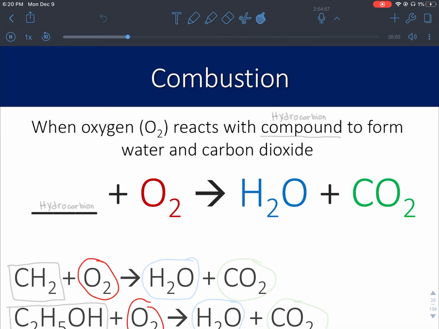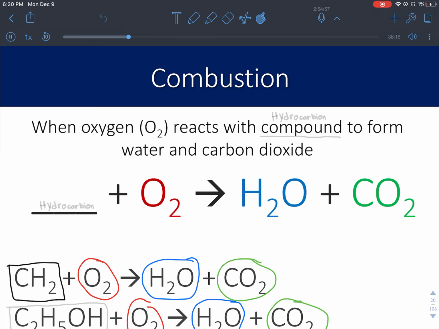The only difference is going to be what is your fuel for this combustion reaction. Whether you light a candle, burn a fire, burn sugar, burn methane, or use Bunsen burners, all of those are just different sources of fuel. All of those are hydrocarbons.